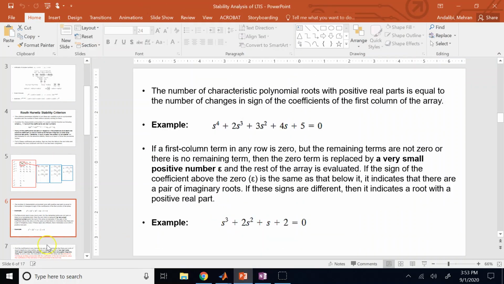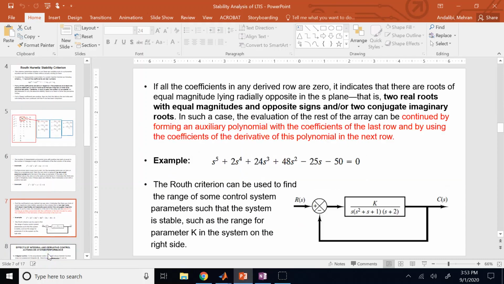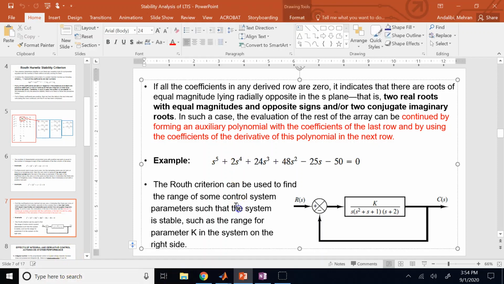One of the major advantages of this Routh method is not just telling you whether the system is stable or not and how many roots with positive real part it has. One of the biggest advantages is this part.